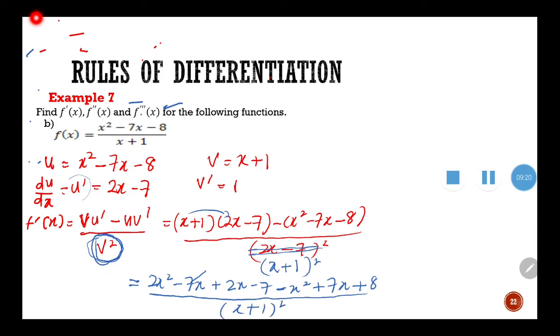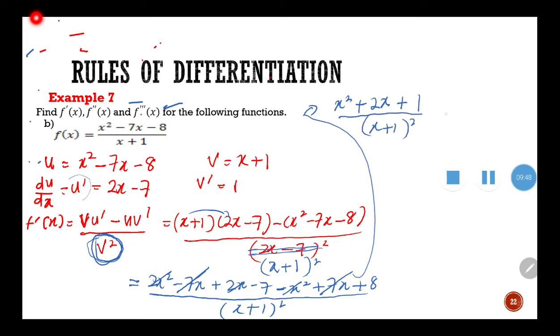So here we see 7x with this one you can cancel, and then we have 2x square minus x square. So we have x square plus 2x, and then minus 7 plus 8 plus 1, over x plus 1 square.